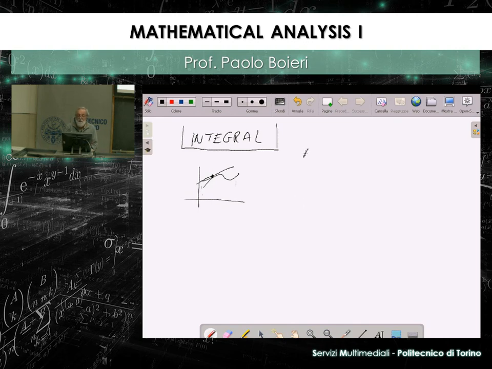It is essentially computing the area of subsets of R2. Everybody knows that elementary geometry gives us the rules for computing, for instance, the area of a square.